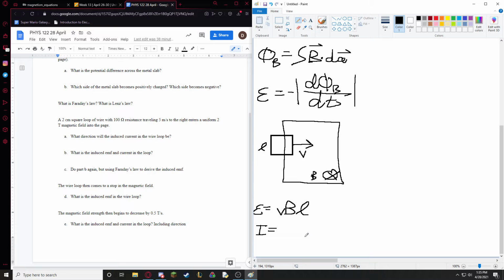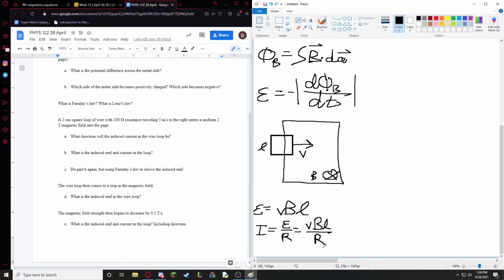I would be the EMF over the resistance of the wire. Exactly. It's just Ohm's law. I is equal to V over R. In this case, V is our epsilon. So I equals VBL over R.